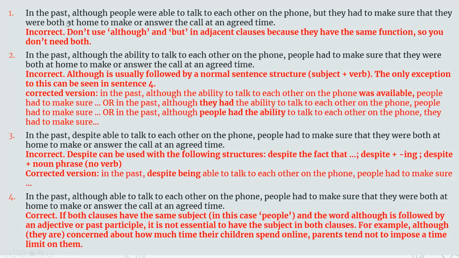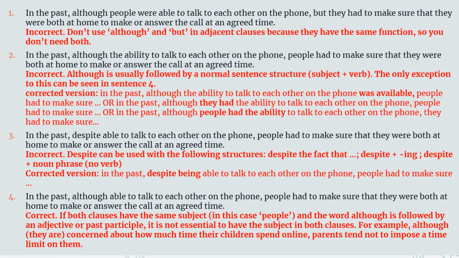The first one: in the past, although people were able to talk to each other on the phone, but they had to make sure that they were both at home to make or answer the call at an agreed time. It's incorrect. If you read the first part of the sentence, although people were able to talk to each other on the phone, you might think that it's fine. But here we've used although in the first clause, and in the second clause we used but.